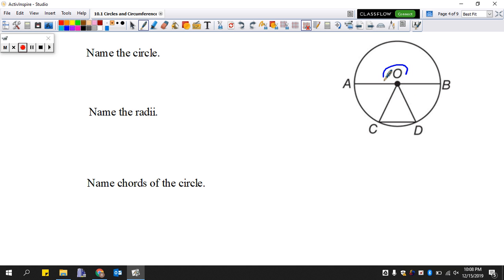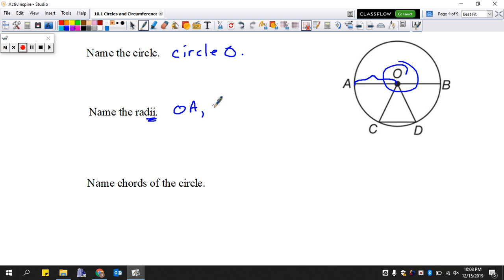In this case, it says name the circle. Well, the circle is always named by its center. So this would be circle O. Then it says name the radii. You notice it says radii, that means more than one. So we have OA from here to here.